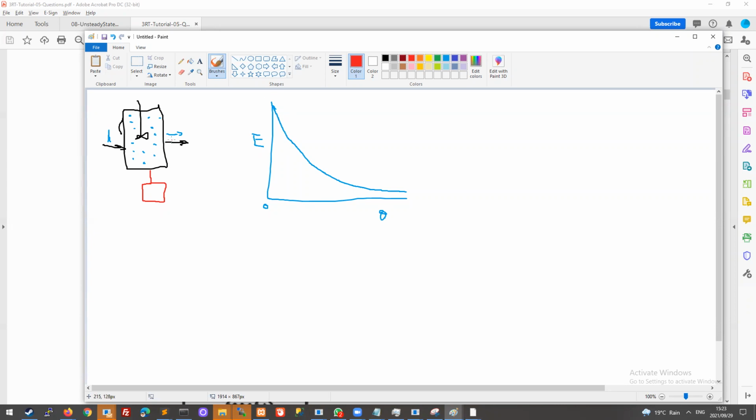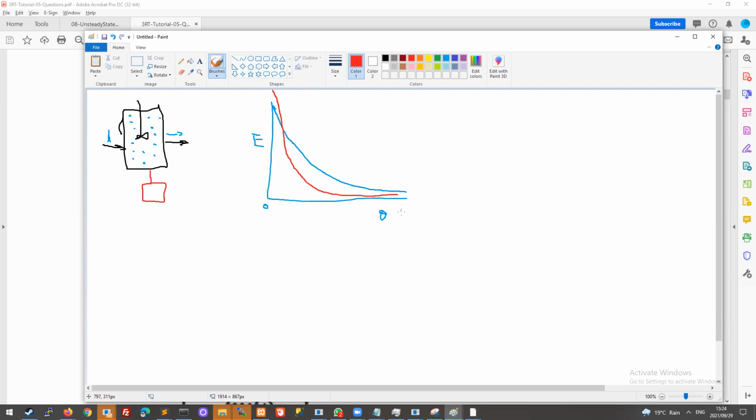Less volume, so it's going to pass through more quickly. But to keep the same amount of salt, we can think of the area under the curve as being the amount of salt. So it's going to start higher and fall off faster. So you'll still get an exponential decay, which will start higher and drop off faster. So that's the effect of dead volume.